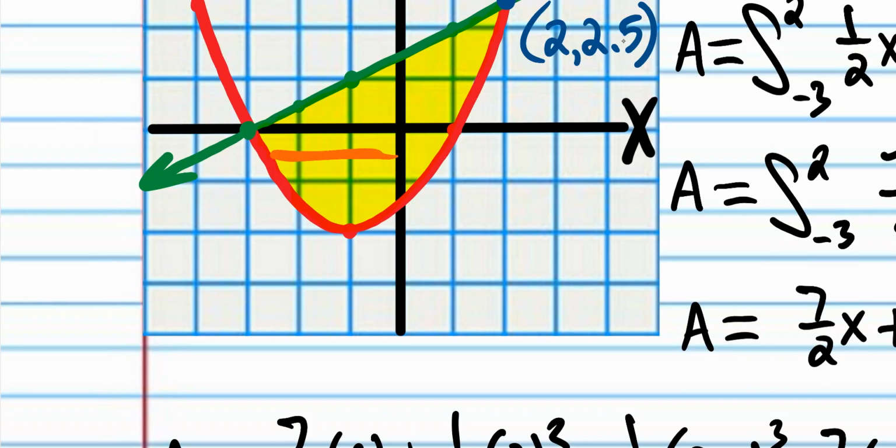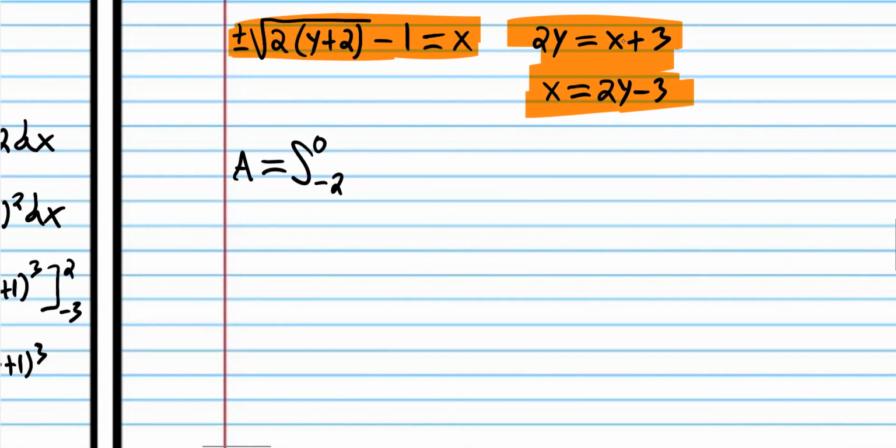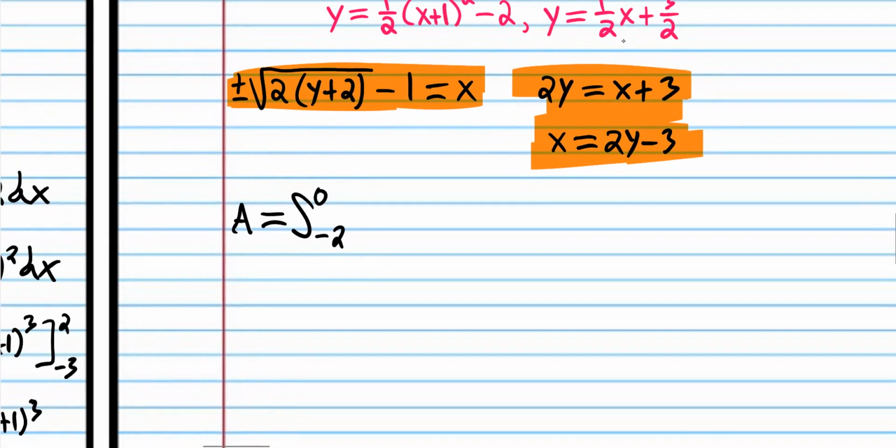So what we're going to do is take the positive root and then subtract the negative root, and that's going to give us the sum of these two lengths, which is the actual height of the rectangle. And I'm offsetting those a little bit. I know that's kind of weird, but that's just what we have to do here.